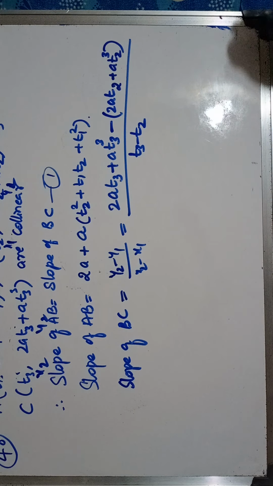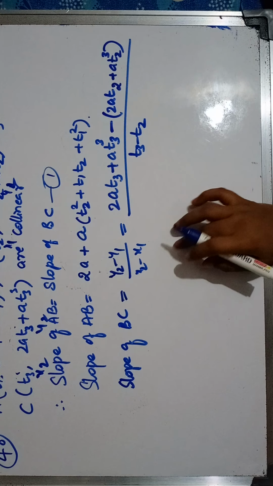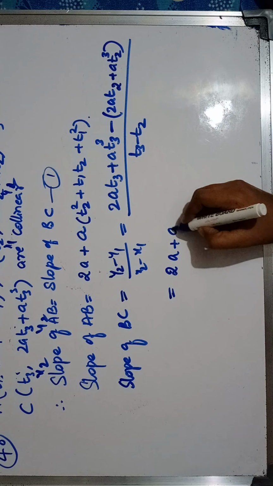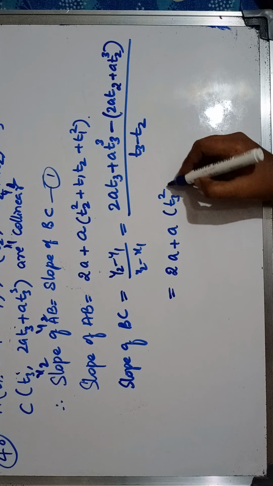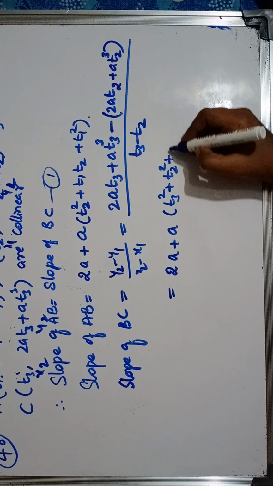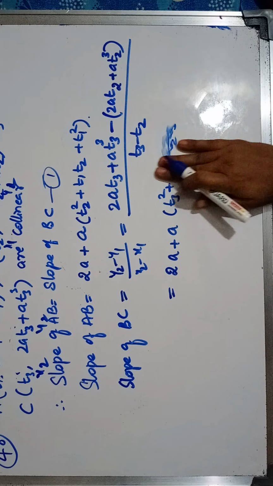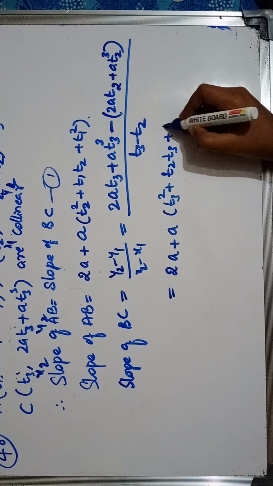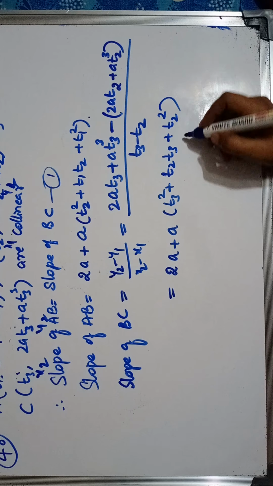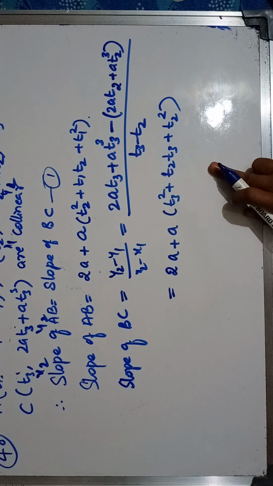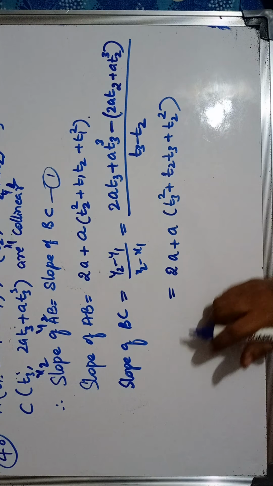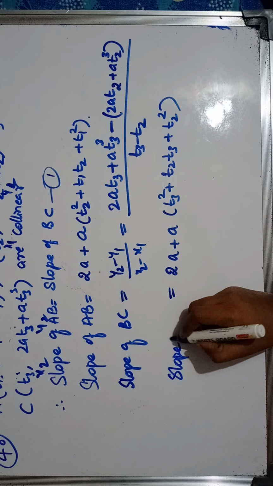In the same way, if I simplify this also, I am going to get 2a plus a into t3 square plus t2 t3 plus t2 square. So try to simplify this as we did earlier in the case of slope of AB. I hope you will do it. Simplify the same way and you will get this one. Therefore slope of AB is equal to slope of BC.